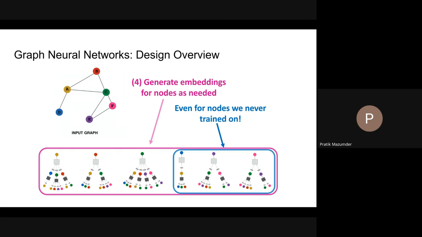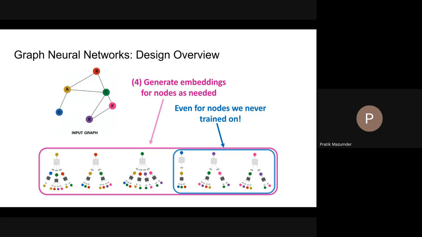And now once you've done that, you can use the same network, just like a standard trained fully connected network. You can use it for unseen data as well, unseen nodes, unseen graphs as well. You apply those, considering that they still have the same set of classes or the same objective.